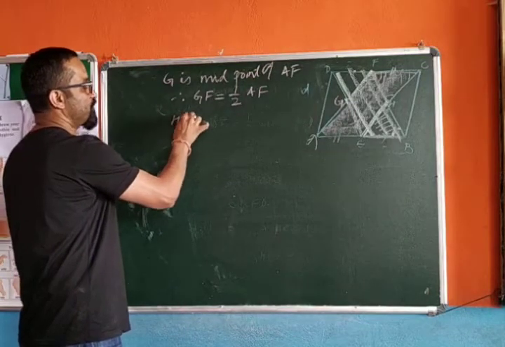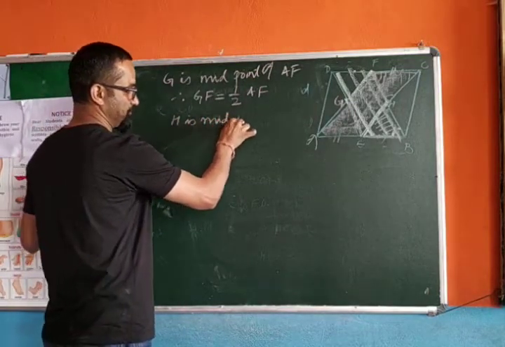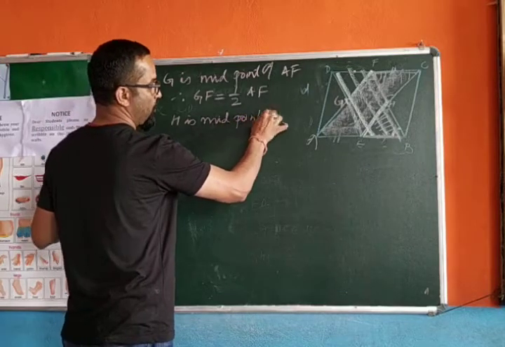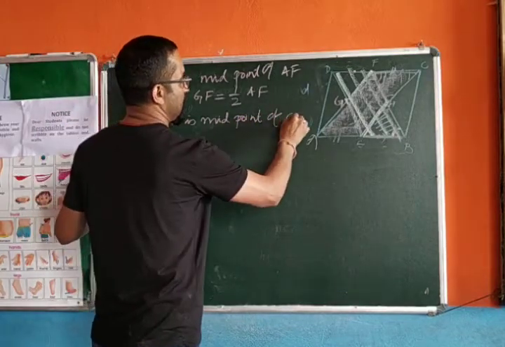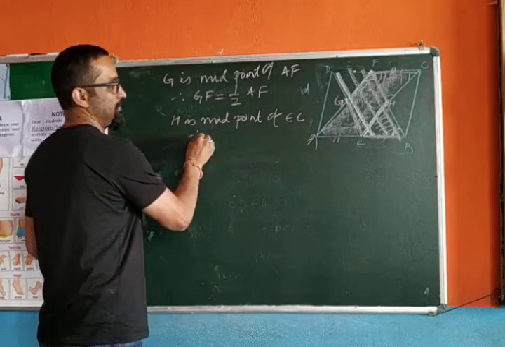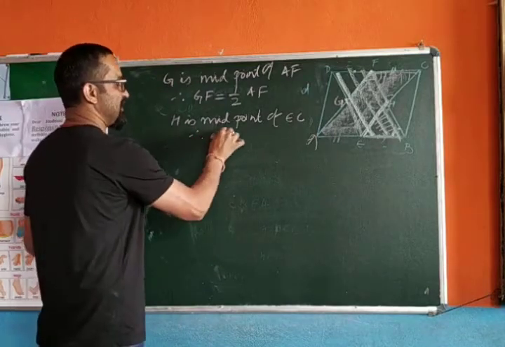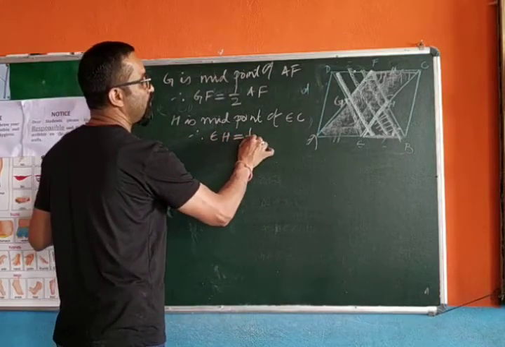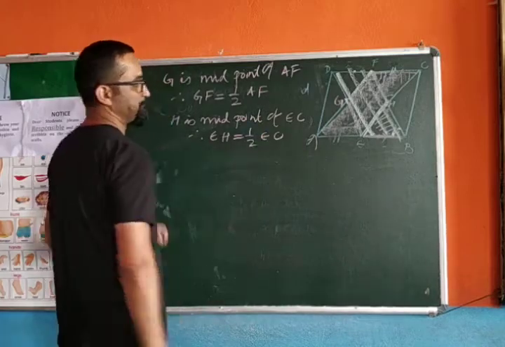Similarly, H is the midpoint of EC, therefore EH is half of EC.